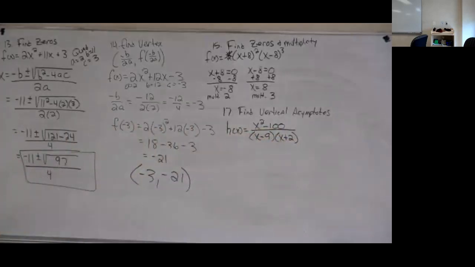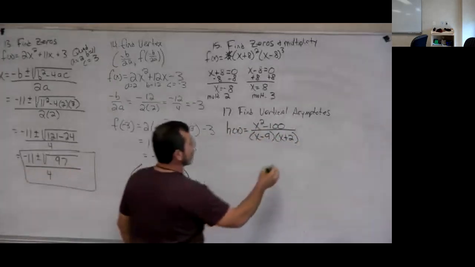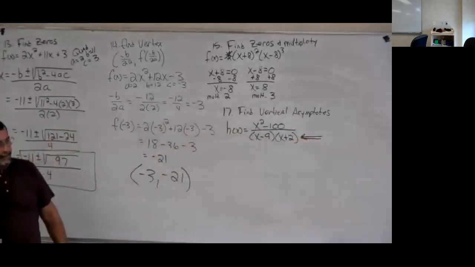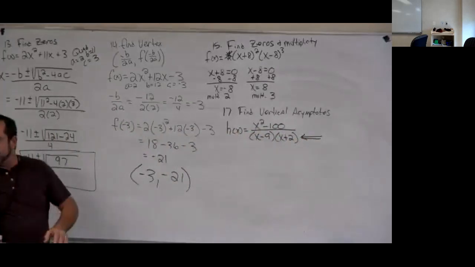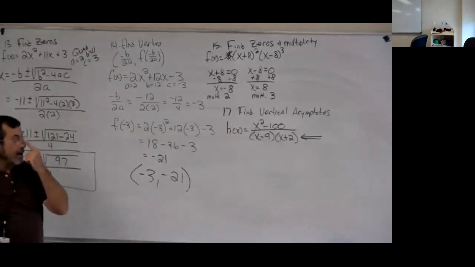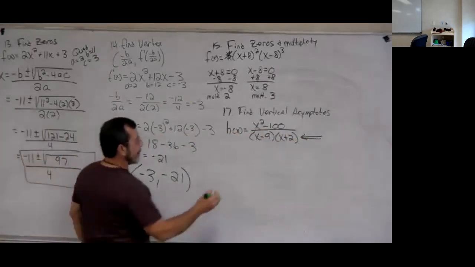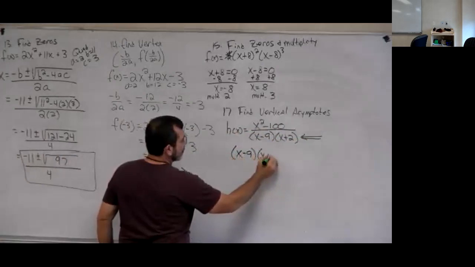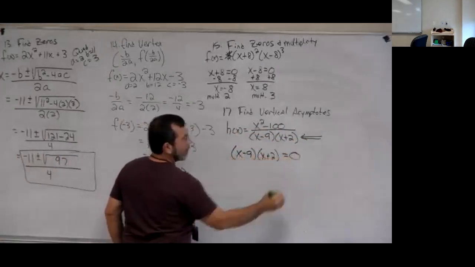So once again, just like on that domain problem a while ago, when you're looking at vertical asymptotes, you're only concerned about the bottom. Okay, horizontals are the ones that look at the top and the bottom. So we're only worried about the bottom. So set x minus 9 times x plus 2 equal to 0.